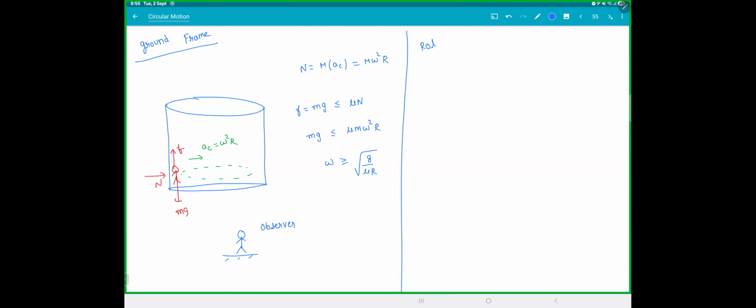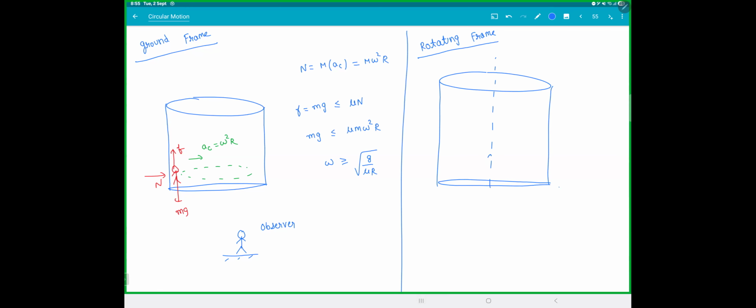Second case, suppose you want to do it in the rotating frame. Where is my observer? The observer, like I said, we'll always keep him in the center.